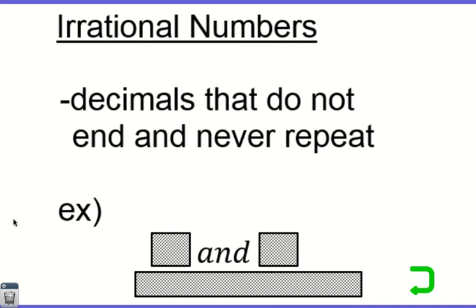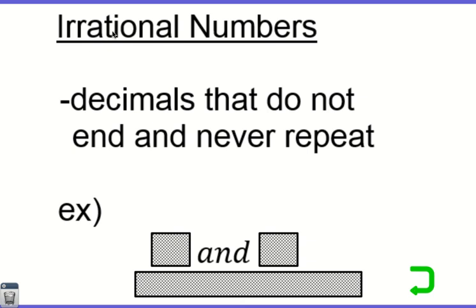Yeah. You probably already know this, but there are numbers out there that have a decimal that goes on forever, in random ways, and never repeats a pattern. Again, think of an irrational person.